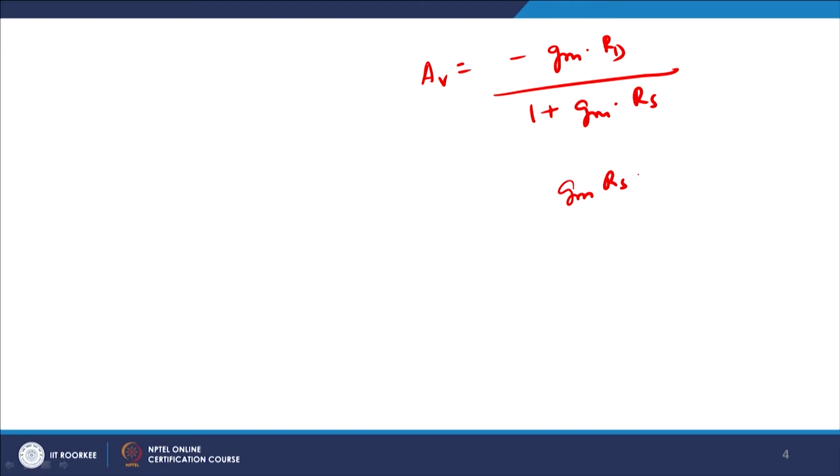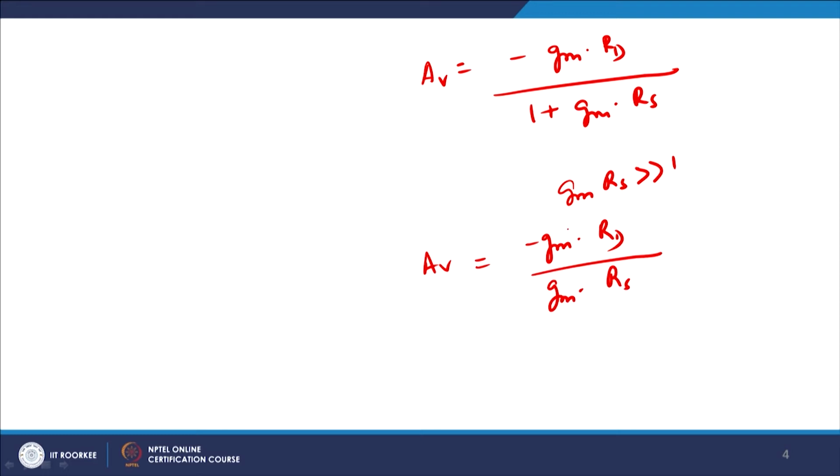Now, if you look at this equation, let me write it in a clearer fashion: AV equals minus Gm times RD upon 1 plus Gm times Rs. Now, obviously Gm times Rs is much larger as compared to 1, therefore I can safely write AV equal to minus Gm times RD divided by Gm times Rs.